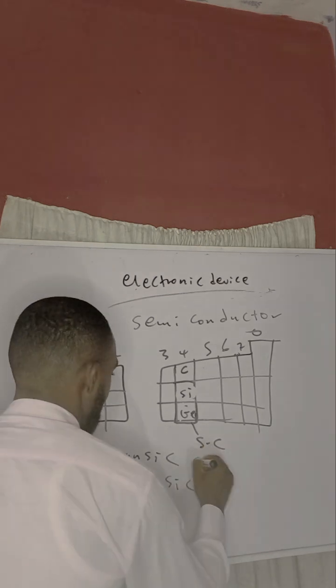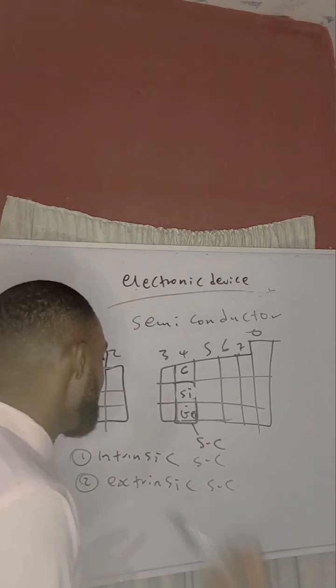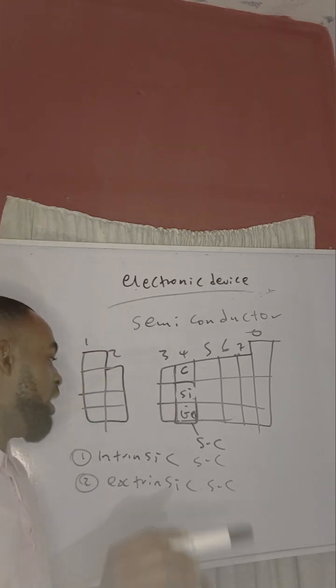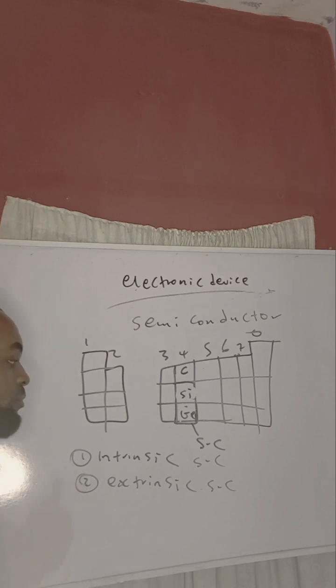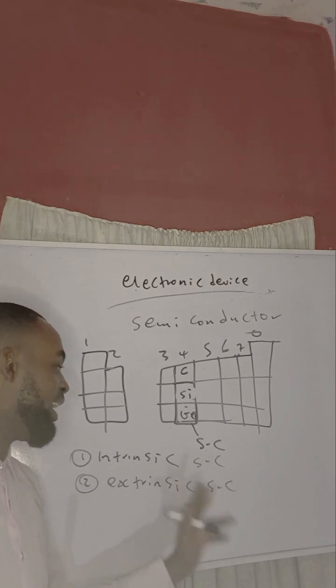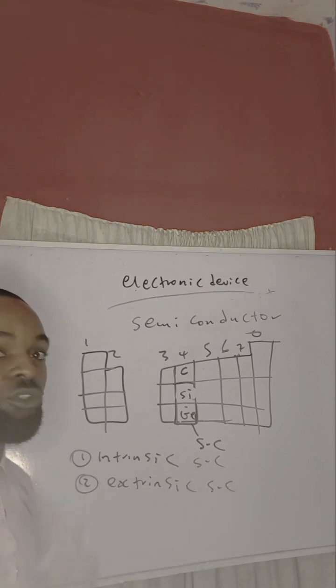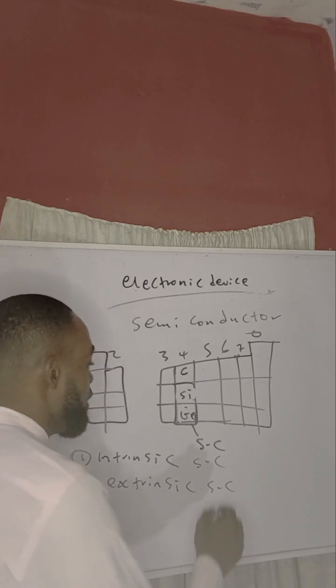Remember I said there are two types of semiconductor: intrinsic semiconductor and what? Extrinsic semiconductor. Intrinsic semiconductors are pure.